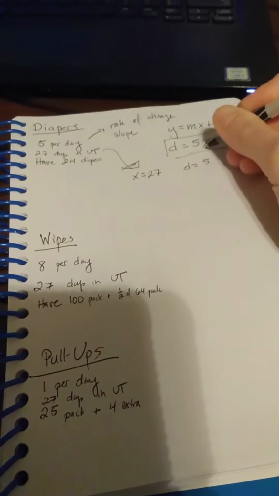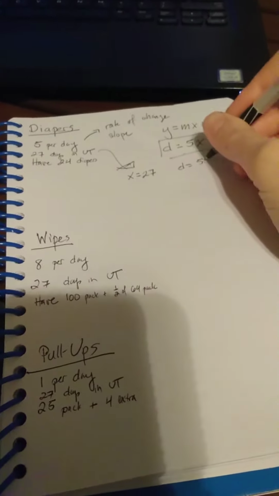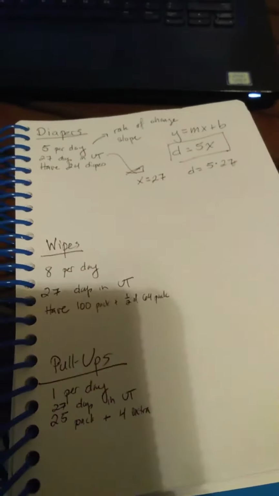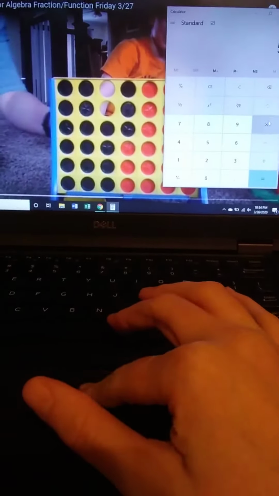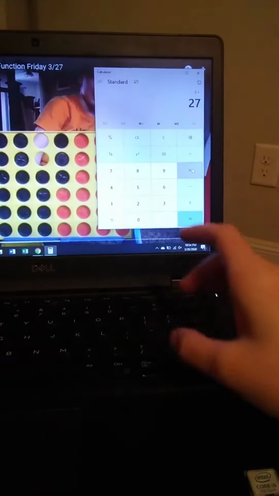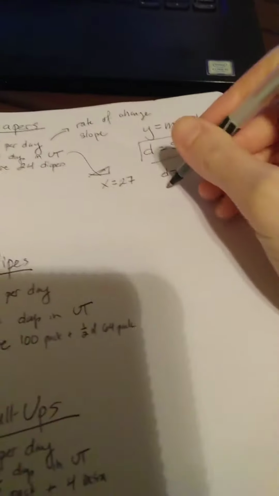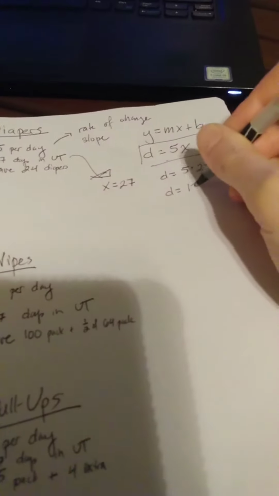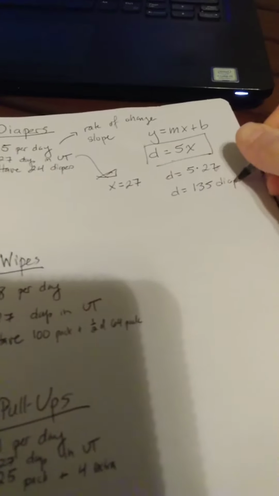It's going to be 5, they're squished together. What operation is that? Multiplication. 5 times 27. Use my handy dandy calculator. 5 times 27 equals 135. So I need 135 diapers needed in total.